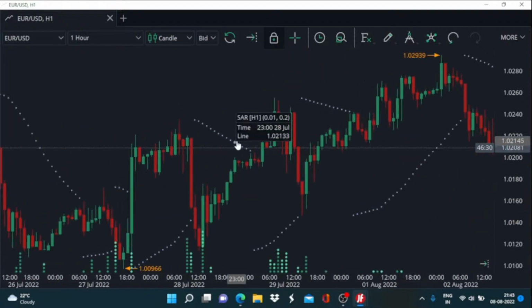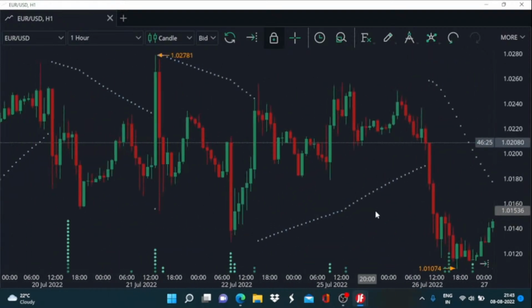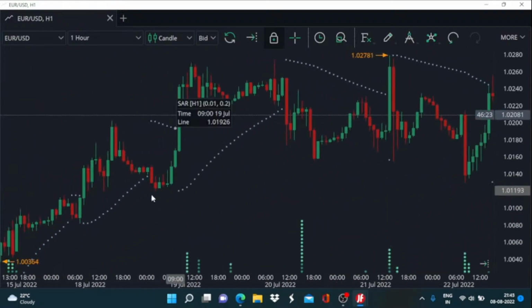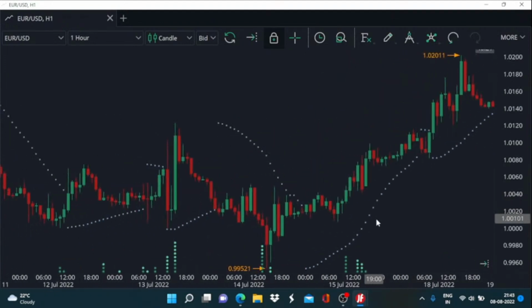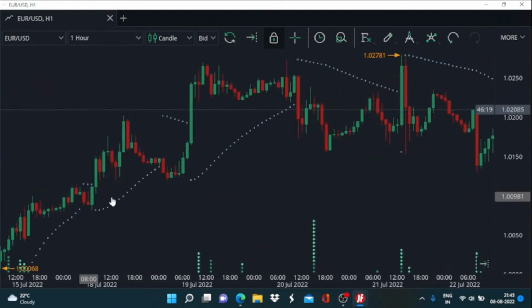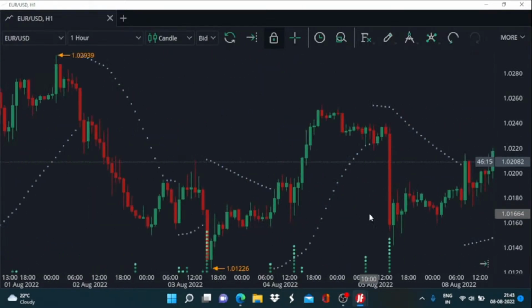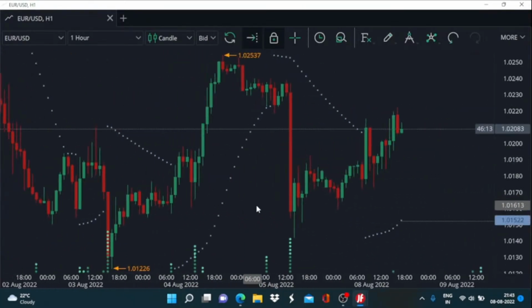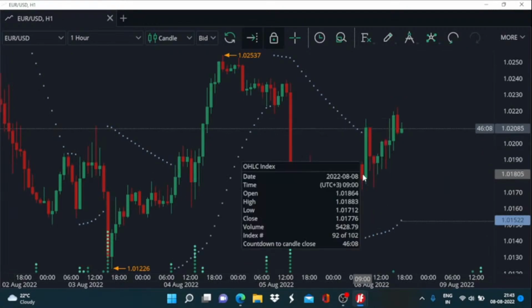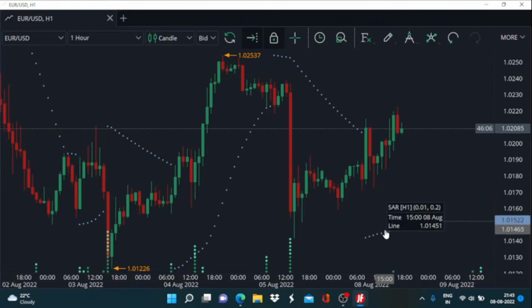Now these signals will be generated only after substantial move happens in the opposite side of the trend, and so it will take more time. It will be a lagging formation, but still the basic interpretation remains the same, and we still keep looking for the trend change signs on these plotting of the parabolic SAR.